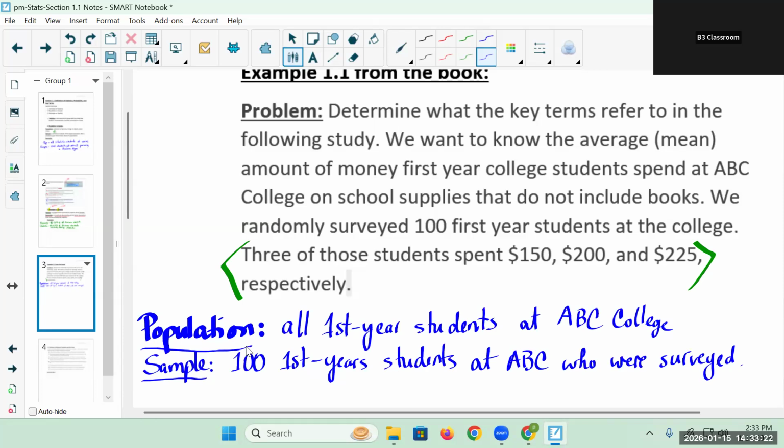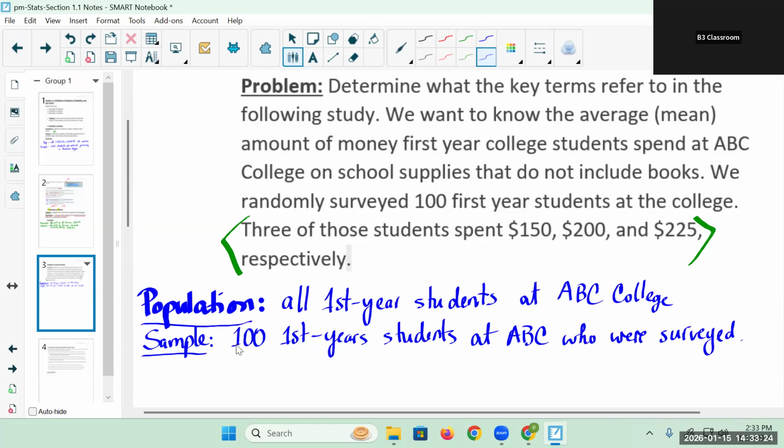Okay, now we get to more specific information, which is the parameter in the statistics. So remember, what we are trying to figure out is the mean, the average of the amount of money the first-year college students spend on supplies, not including textbooks at this particular college.